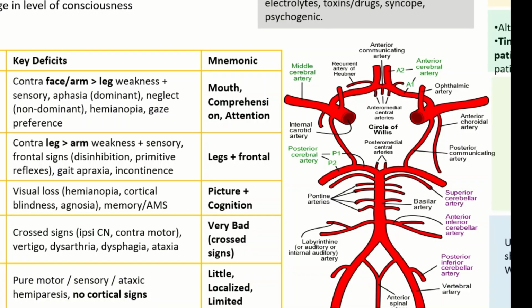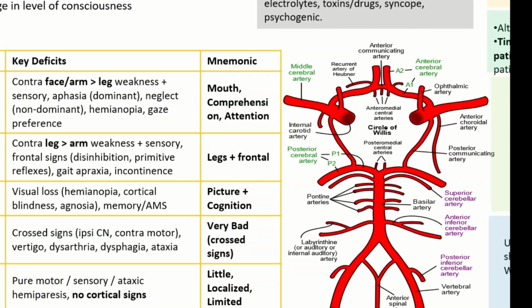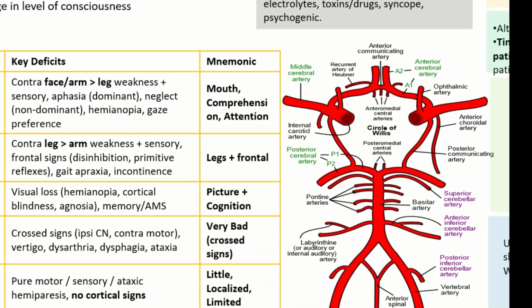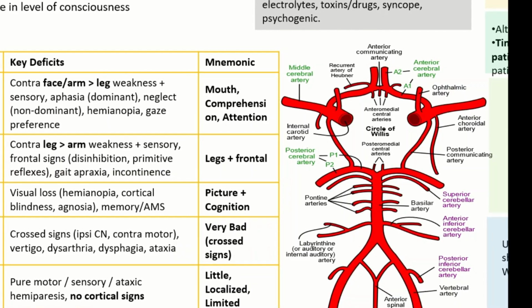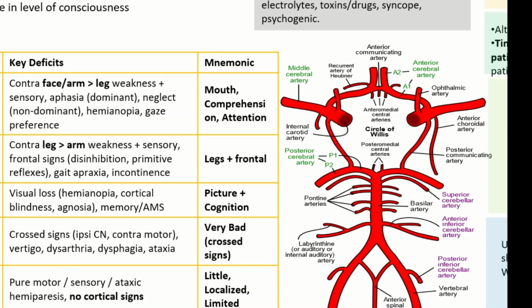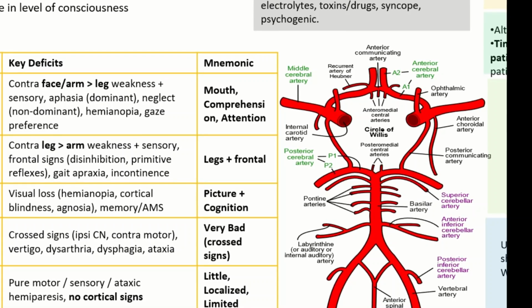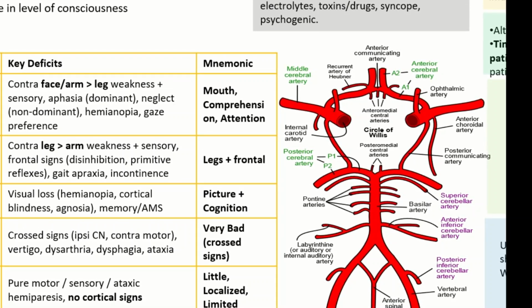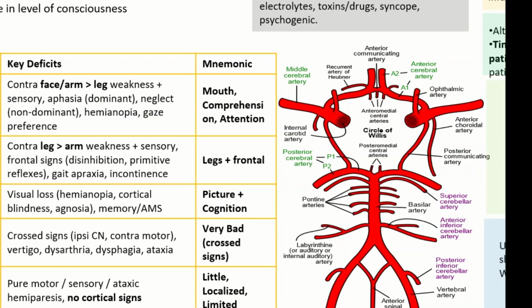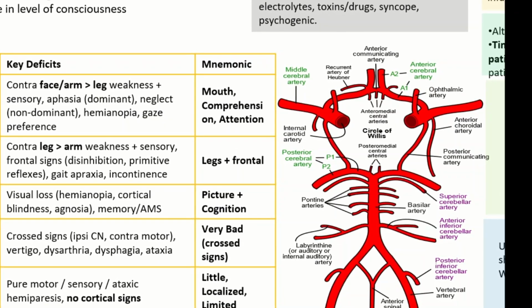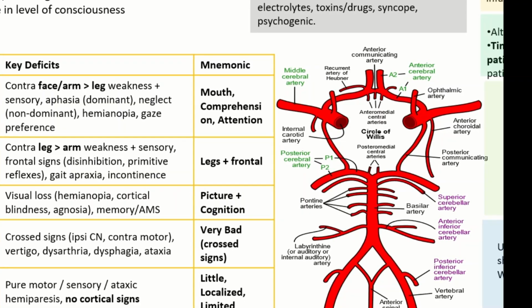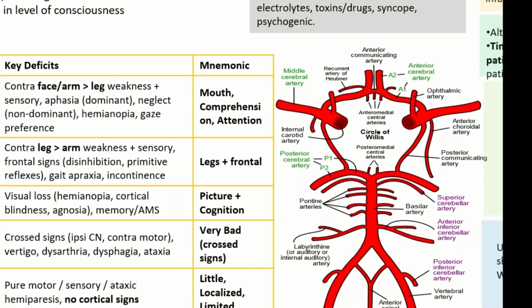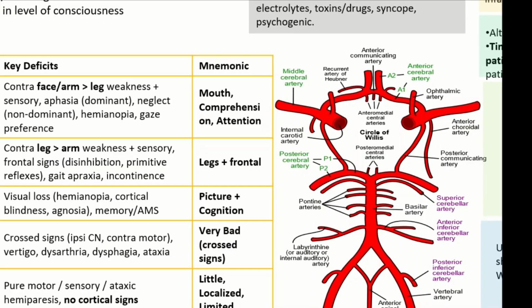So the cranial nerves are going to be affected on the ipsilateral side because we are going to affect the blood supply to the nuclei before they cross, or before they decussate. So on the same side, the cranial nerves are going to be affected, whereas the motor signs will be affected on the opposite side, and that is the vertebrobasilar artery that supplies the brainstem.